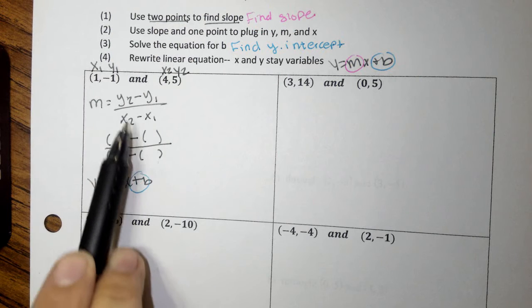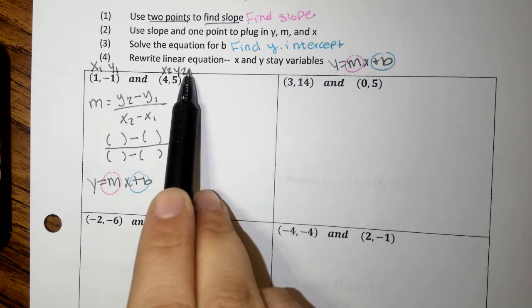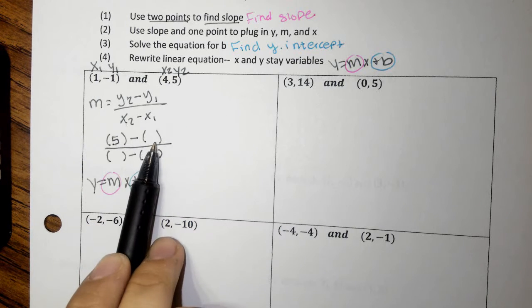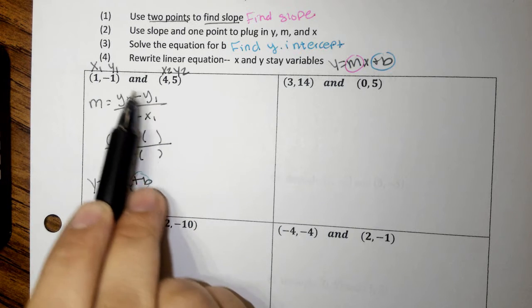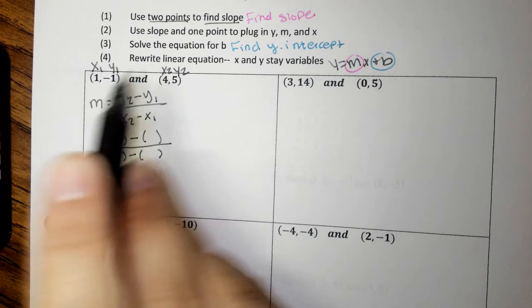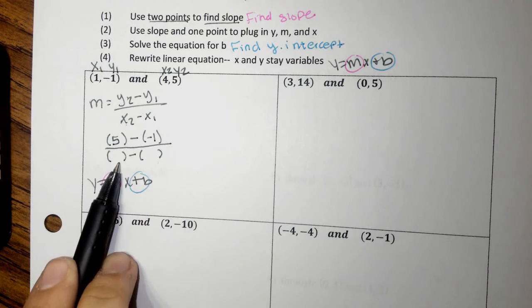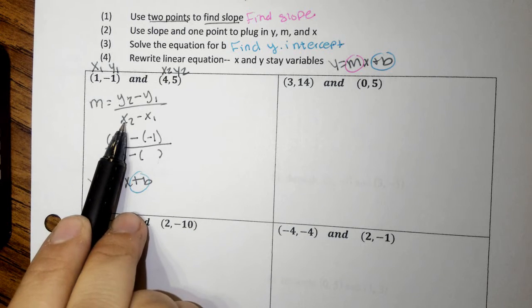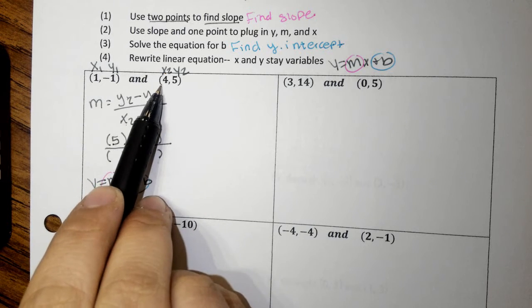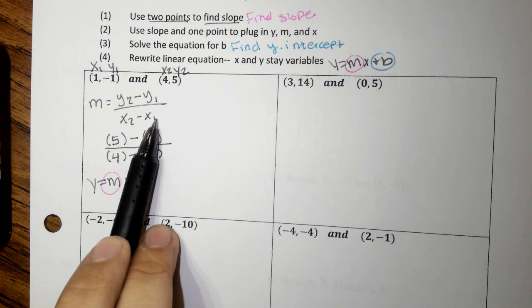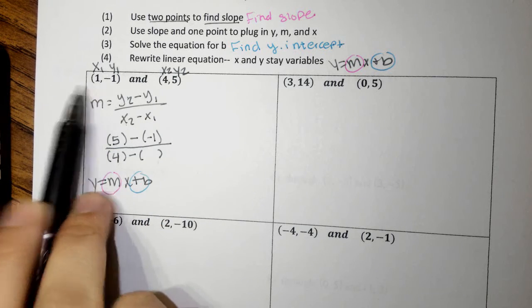This bubble is in place of y2, and y2 is 5. This bubble is in place of y1, and y1 is -1. This bubble is in place of x2, and x2 is 4. This bubble is in place of x1, and x1 is 1.